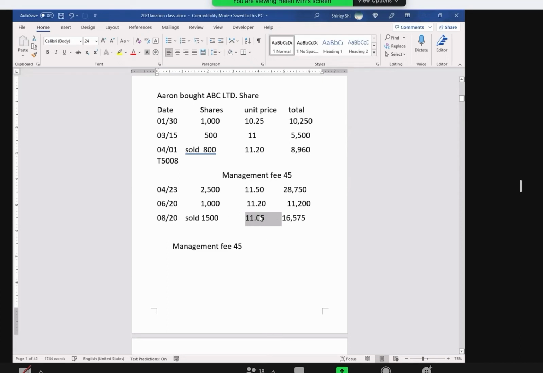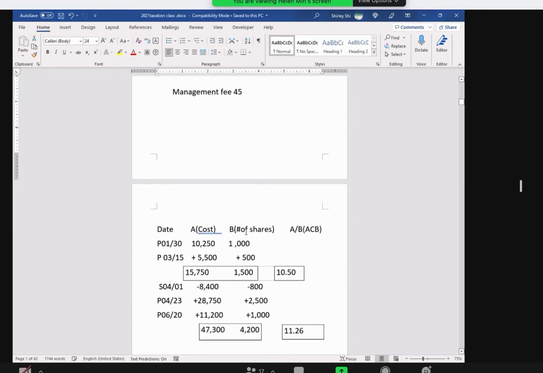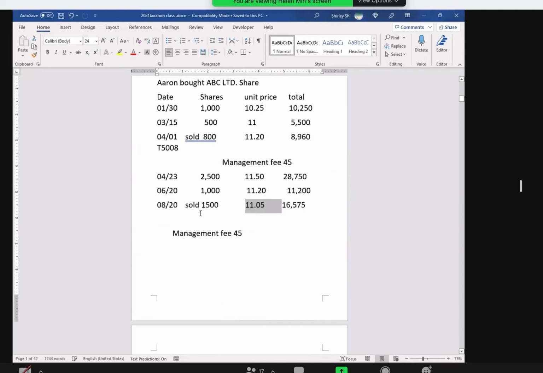So in this case, if you have a capital loss, then you don't need to do the capital loss. Okay, we said in 20 days you purchase and you sell in 20 days.